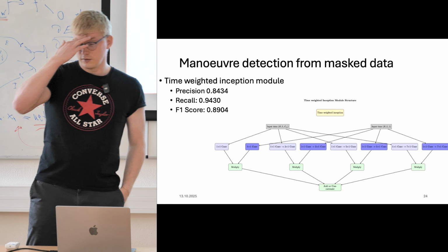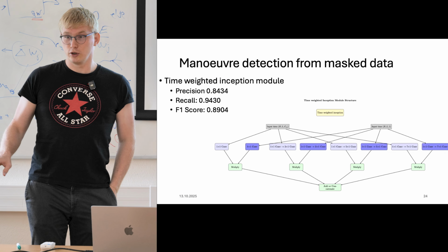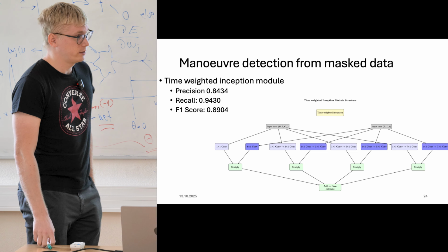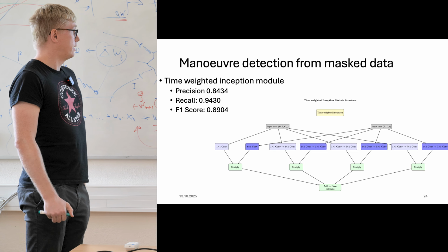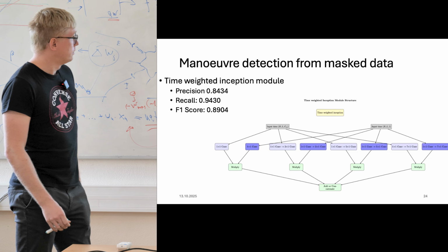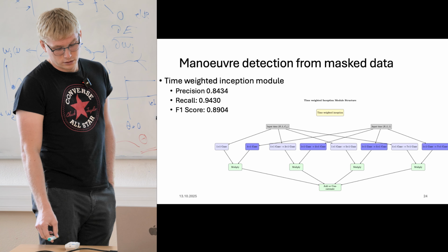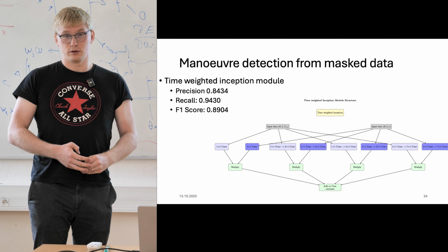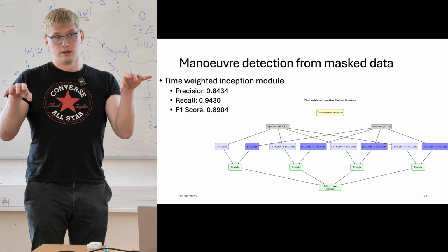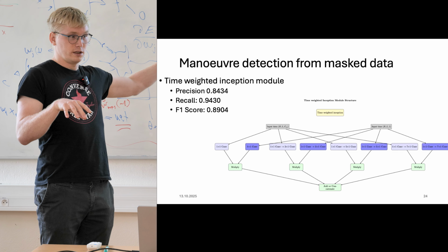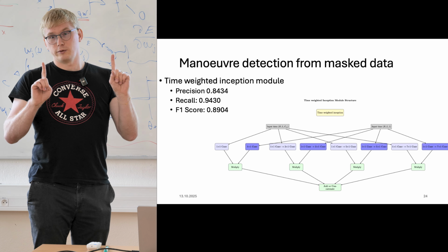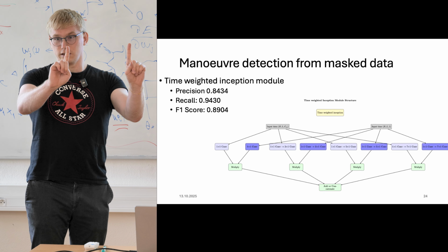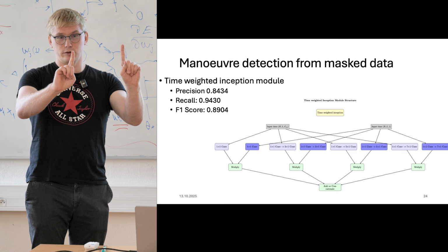I will be honest, I tried many models, many different approaches. Over the summer I trained like 20 or 30 different models. I had some luck with only one, and it is a very weird model, so I cannot give you a very good justification for it. But when I looked at the original inception network, if there was a large gap between the observations, it was often flagging it as a maneuver, which is not the behavior that I wanted.